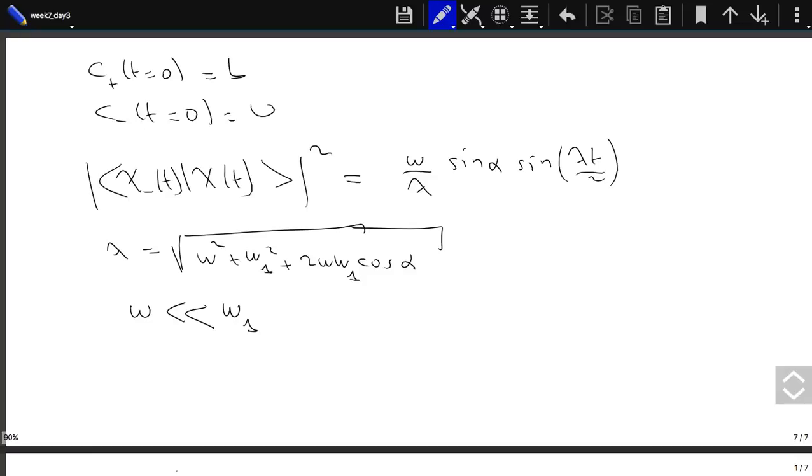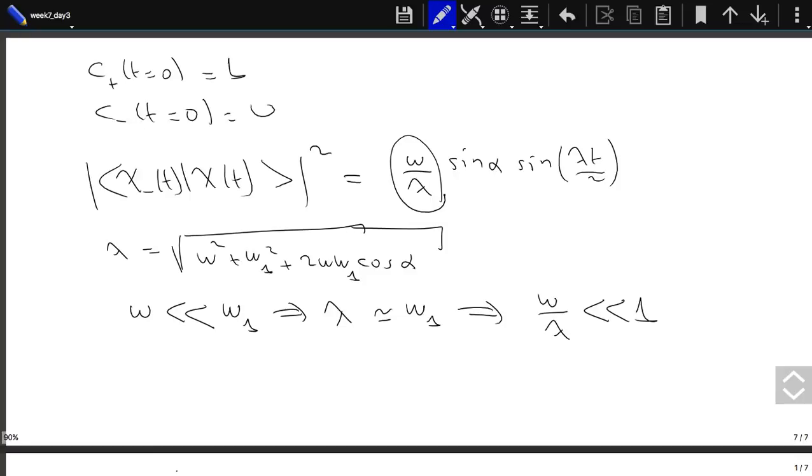If this is satisfied, lambda is around omega 1, and omega over lambda is much smaller than 1. And you see that the transition probability is proportional to omega over lambda. This is basically the statement of the adiabatic theorem.